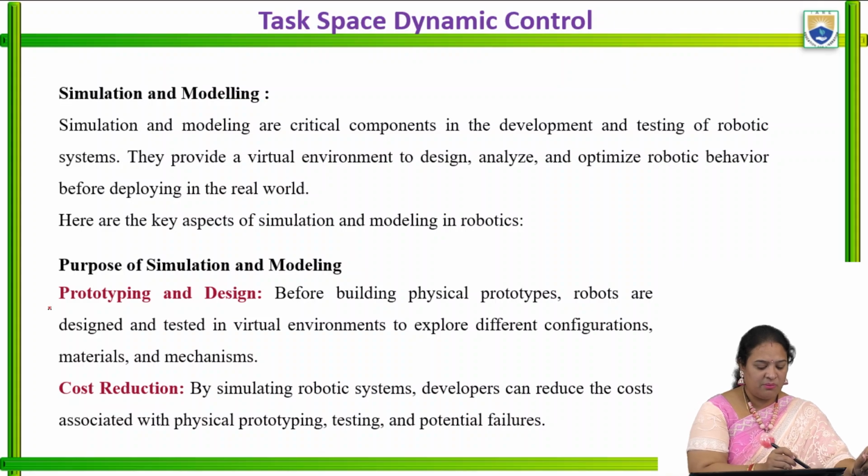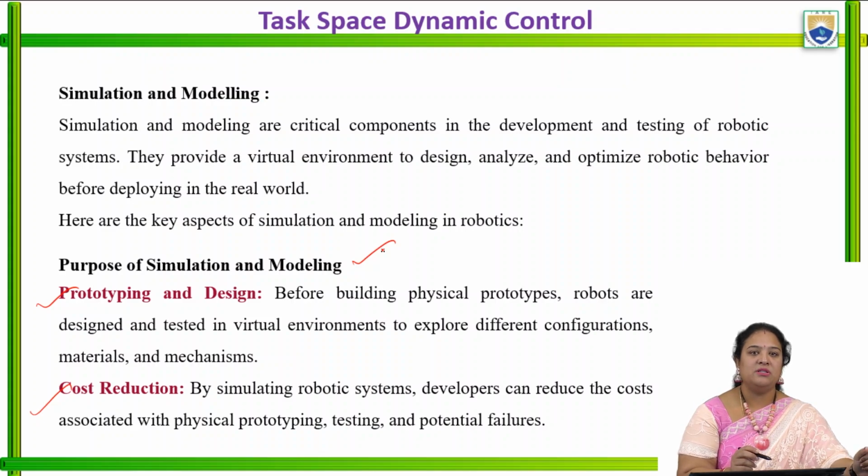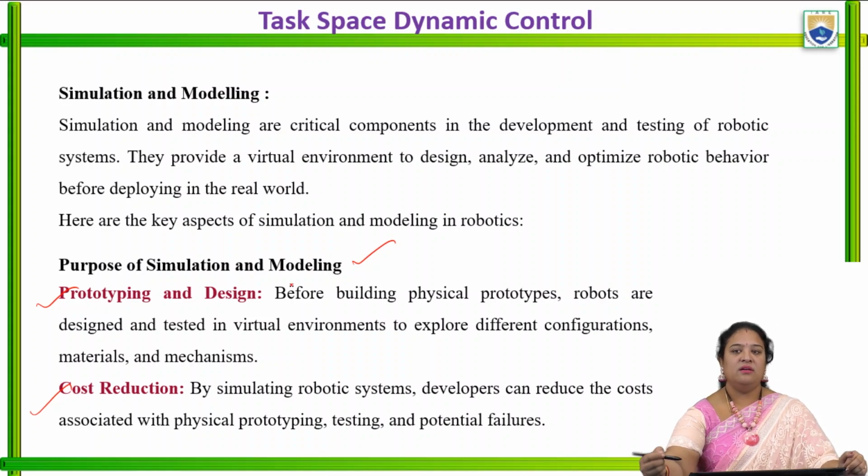So here we come across prototyping and design, and cost reduction. These are the main purposes of simulating and modeling. What do we mean by prototyping and design? Before manufacturing any robot, we need to prototype that design and do the design modeling in some required software.